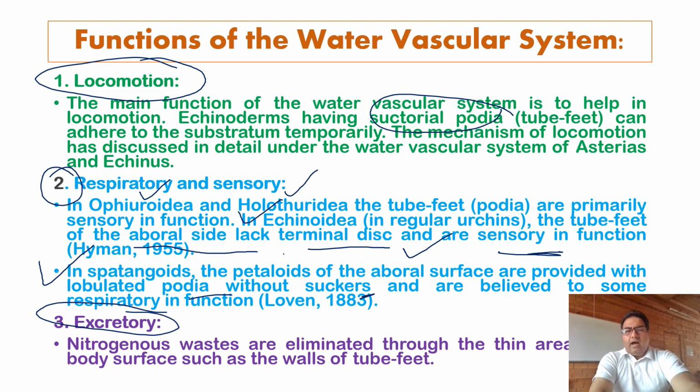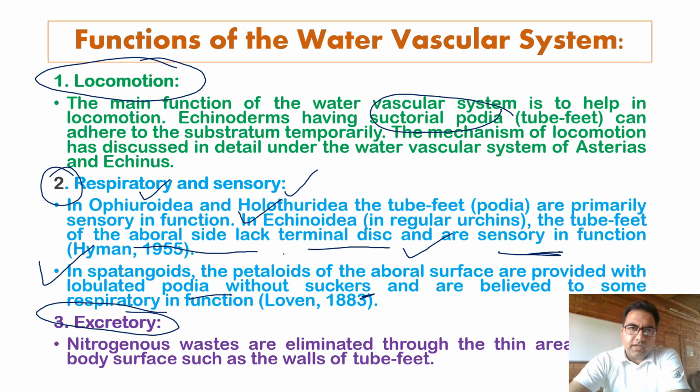Nitrogenous wastes are eliminated through the thin areas of the body surface, such as the walls of the tube feet. But as I told you earlier as well, this is not yet studied in detail, but it is believed that they have a role in excretion as well. So besides locomotion, they have a role in respiration, as tactile sense organs, or in the sensory function, or they may have the excretory function as well.